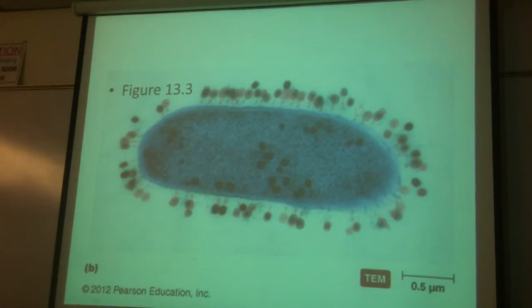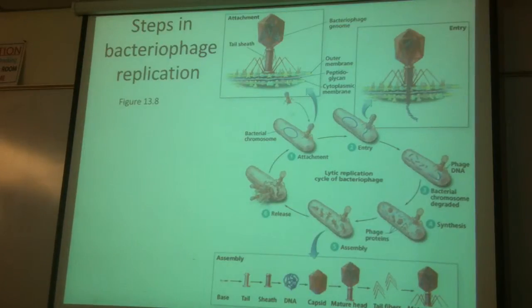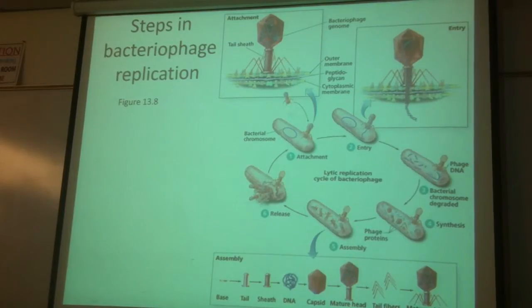Okay. So, bacteria being attacked by a bacteriophage. And we talked about the steps in bacteriophage replication. There are 6 basic steps. You have attachment. The virus needs to find its host. Then it needs to enter, get its DNA or its nucleic acids into the host.